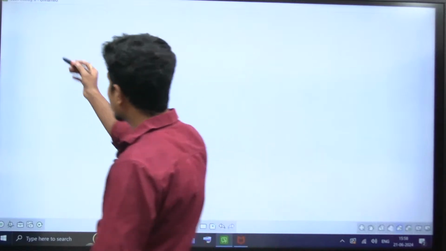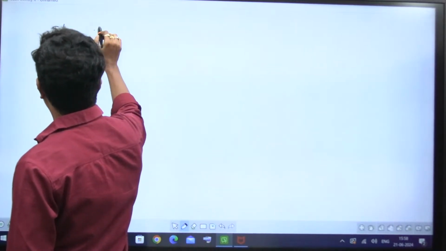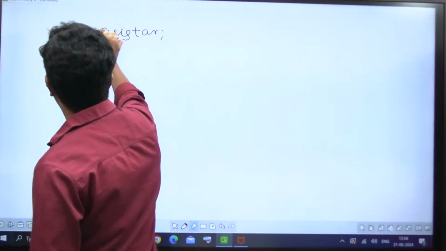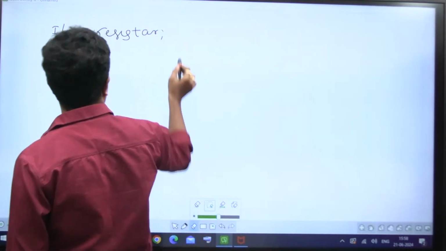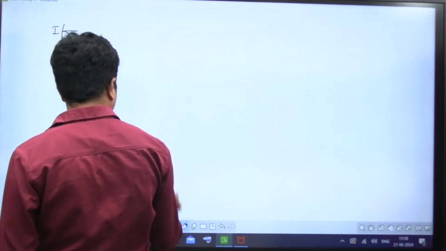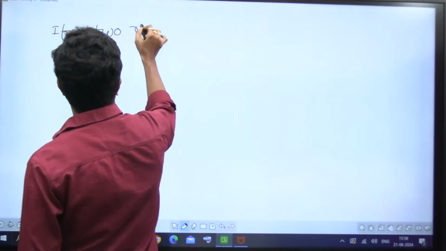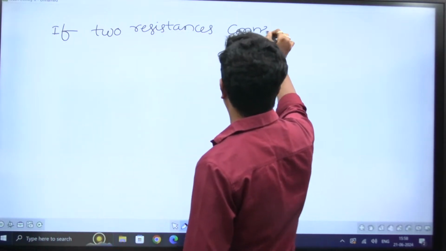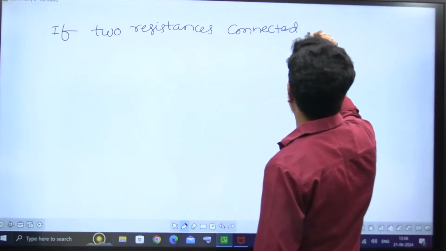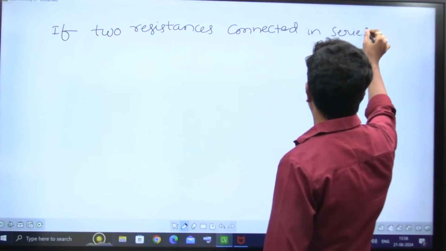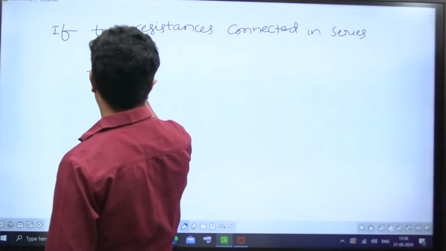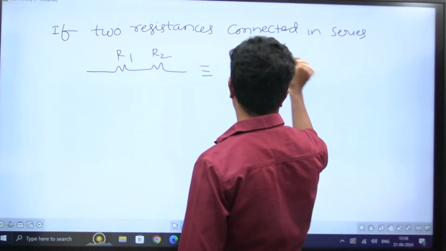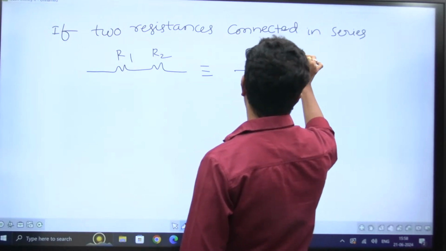Next, if 2 resistances are connected in series, that is R1 and R2 here, this can be represented with a single resistance called R total, that is equal to R1 plus R2.